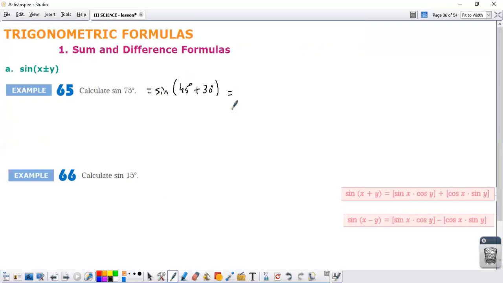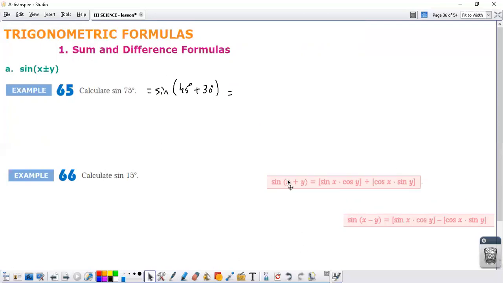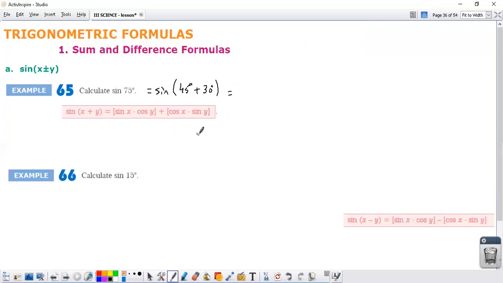After that, all we need to do is use the sum formula for sine. Sine of (x plus y) is sine x times cosine y plus cosine x times sine y. So we will use the original formula for the sum: sine 45 times cosine 30 degrees plus cosine 45 times sine 30 degrees.